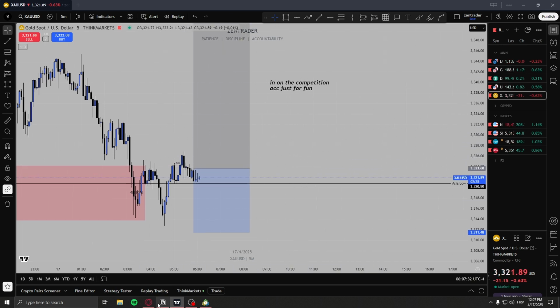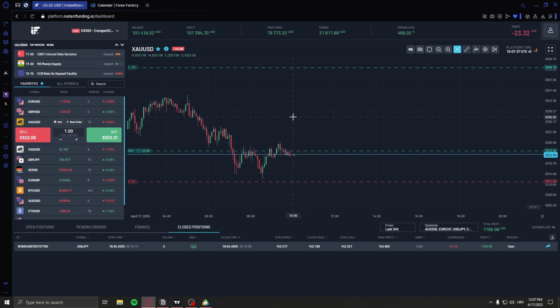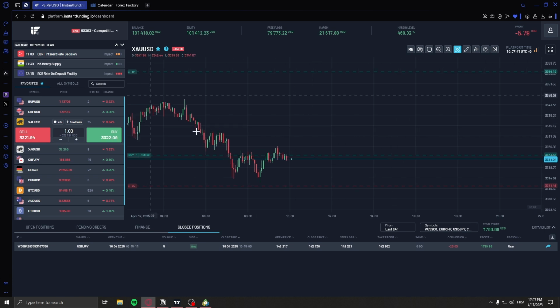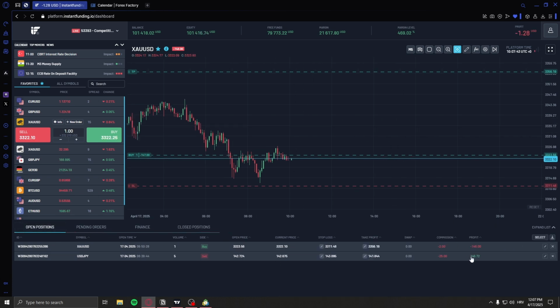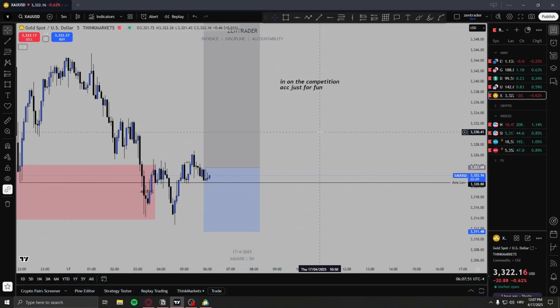So with this trade, I just executed it on this competition account just for fun, because I don't really need to be taking A+ setups here. So it's kind of just an experiment. And then I also executed the same USD JPY short that I did on my account. So yeah, that's it. I'll do a breakdown of every single one of these later today.